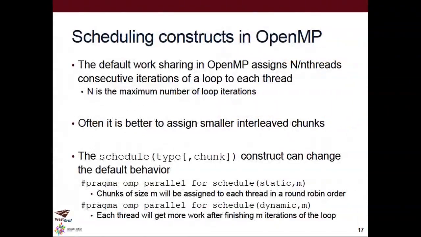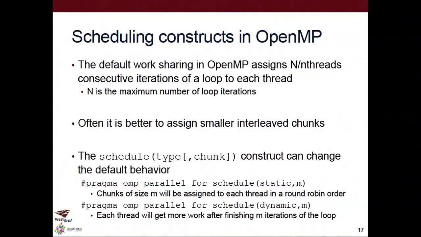If I go to the previous slide, slide number 17, you have type can be static or can be dynamic. Also, there are some other options like runtime and so on. I don't want to go into details, but the most important ones are static and dynamic. Dynamic is taking chunk size as well, but the behavior is a little bit different.